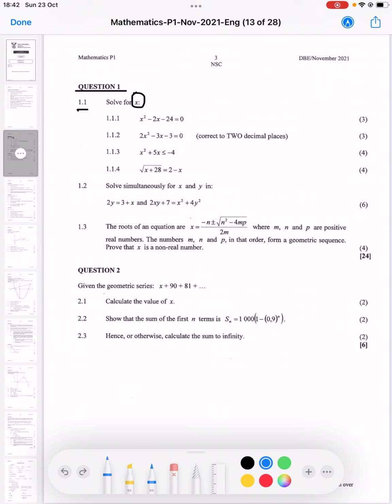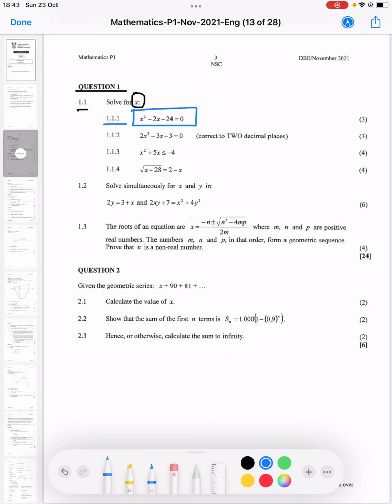Okay, guys, make sure to follow the numbering system used in the question paper. If it's 1.1 and the next sub-question says 1.1.1, please write it as it is. Most importantly, remember not to copy the question incorrectly. Copy the question exactly as it is. You don't want to copy it incorrectly, work it out correctly, but end up answering the wrong question.